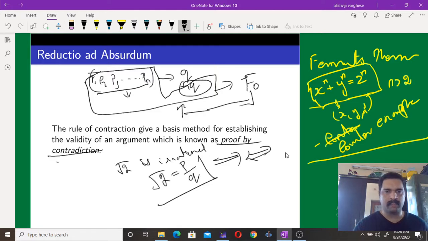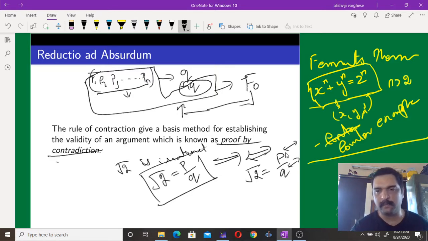We will discuss this particular case in our next sessions, and for the time being you may go through this case or start with the statement root 2 is equal to p by q, and try to obtain a contradiction which contradicts our assumption that P is an integer, Q is another integer, and P by Q is a fraction or rational expression in its simplest form.